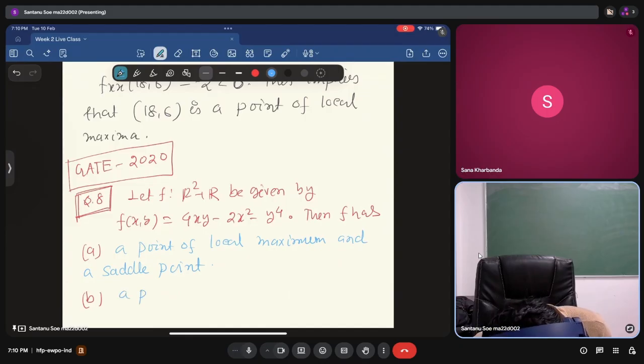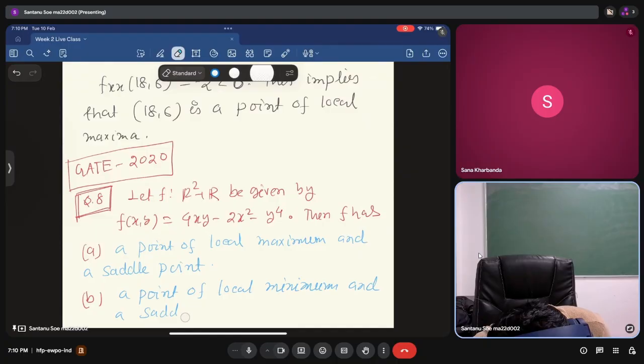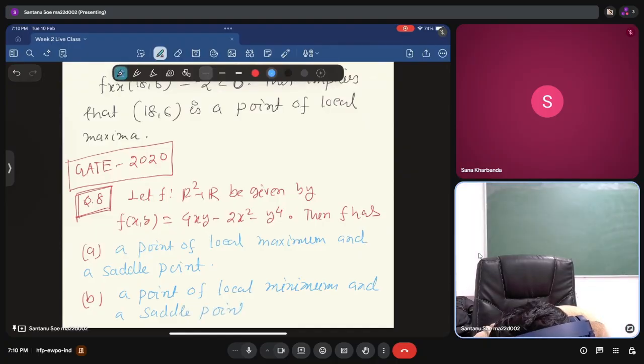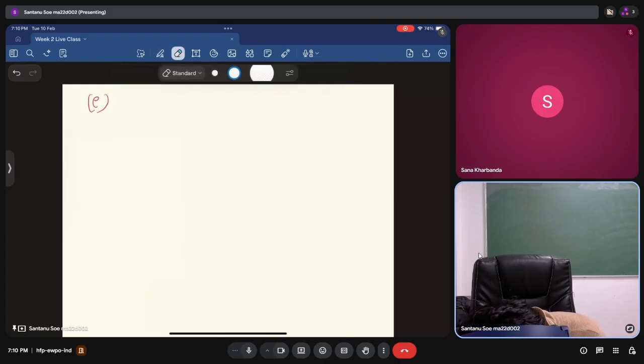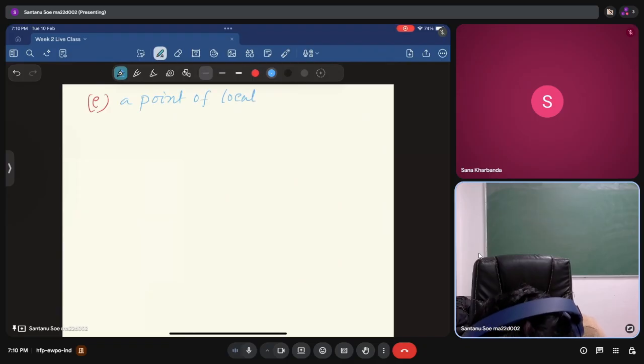A point of local minimum and a saddle point. Next option is a point of local minima and a point of local maxima.